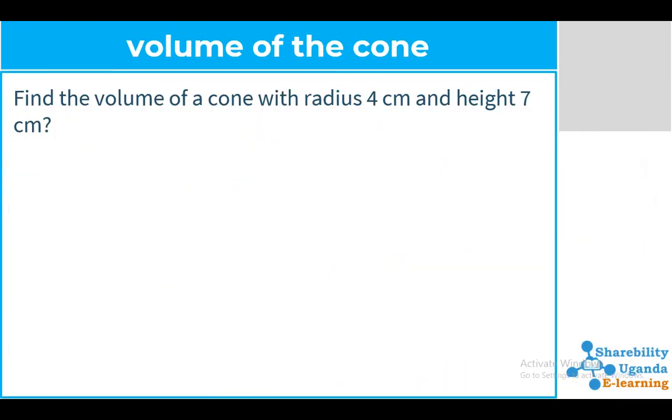Okay, let's see how we can find the volume of a cone using the formula. We are given the formula as one third pi r squared h, the height.